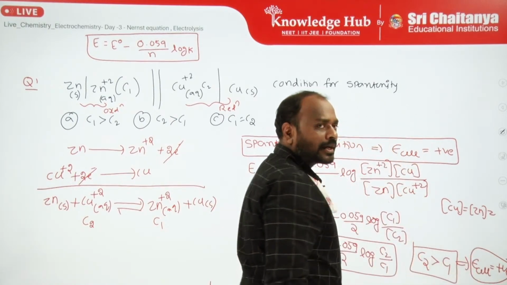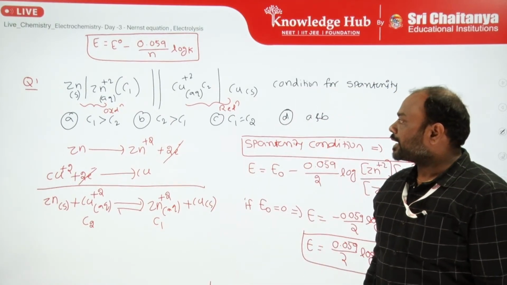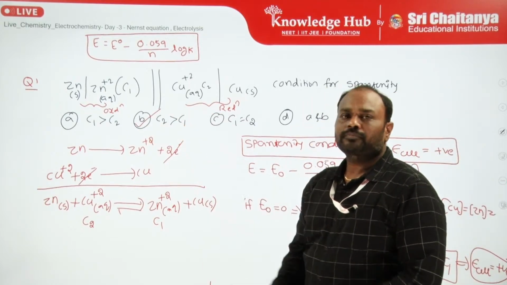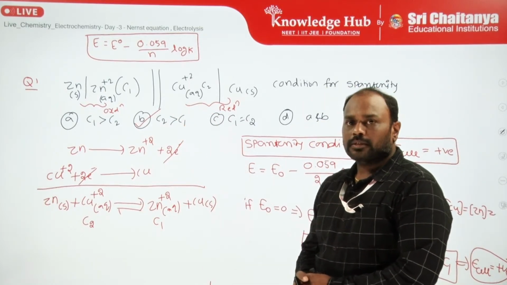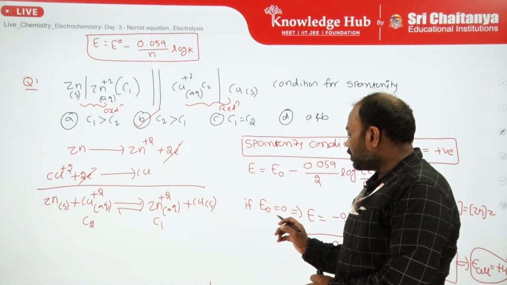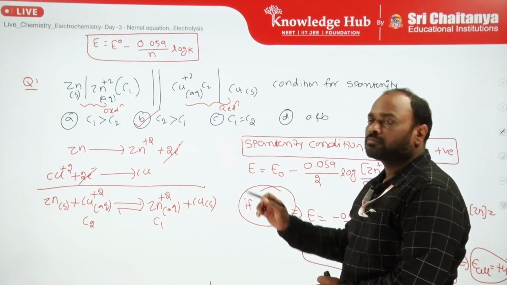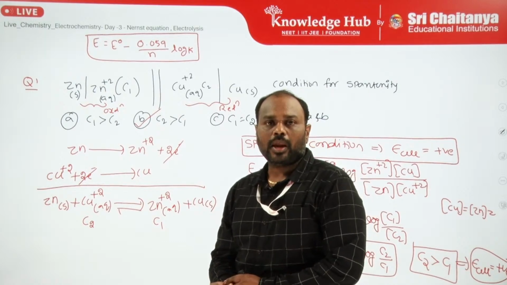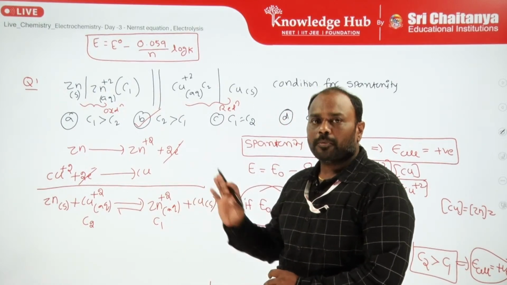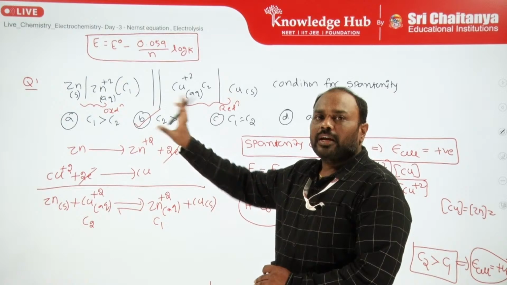So the correct option is C2 is greater than C1. If E naught is taken as 0, then we get this. In this way we solve the problems based on the given data.